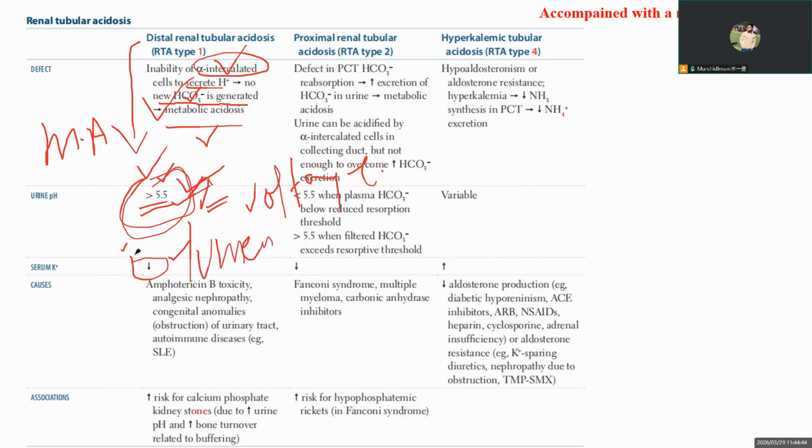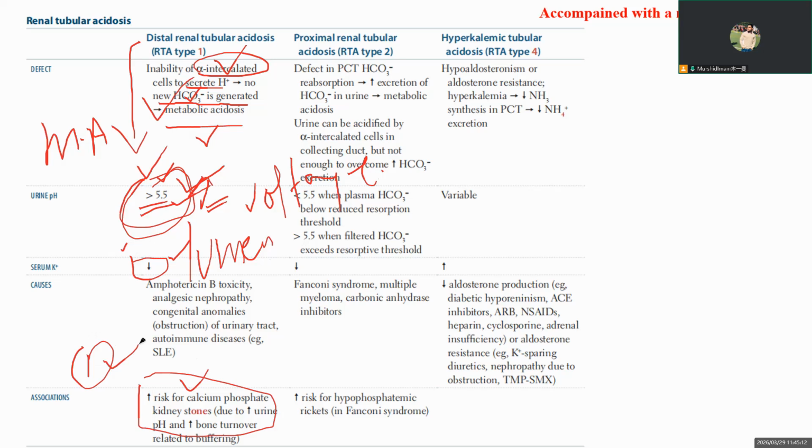Why is there a risk of calcium phosphate kidney stones in these patients? You have to remember why these patients form stones. That should be the question that comes to your mind. There are altogether two reasons. The first one is because they cannot acidify their urine, and the urine pH is highly alkaline, and calcium phosphate stones form preferentially in alkaline urine.